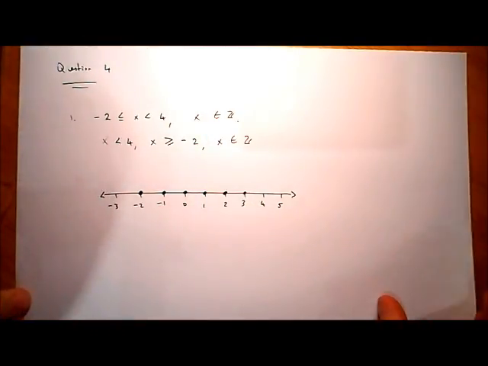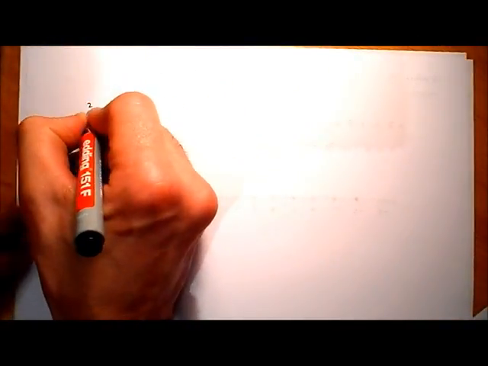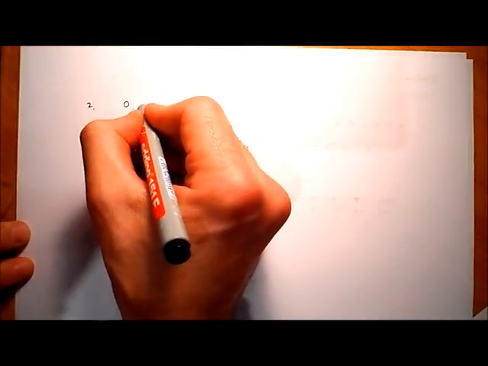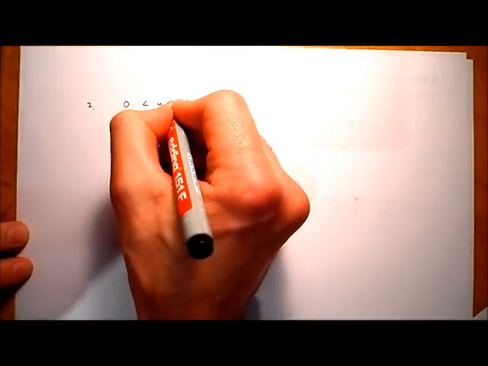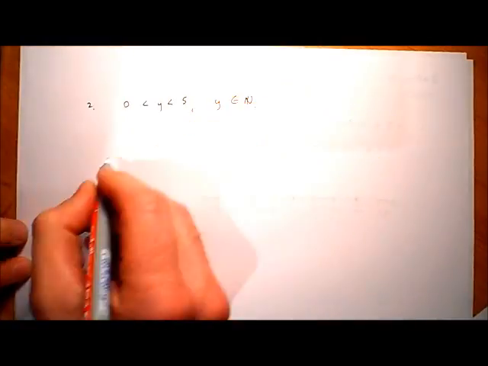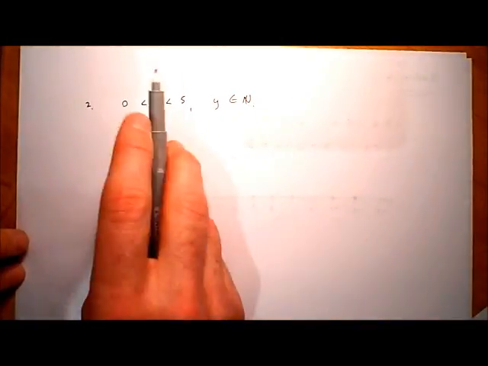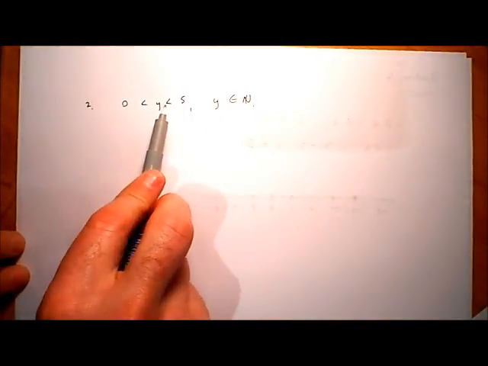And then the second one, I'll do it on this side. The second one says 0 is less than y, which is less than 5, and y is a natural number. So this is saying that y is a natural number, it's all of the natural numbers, and y is less than 5.